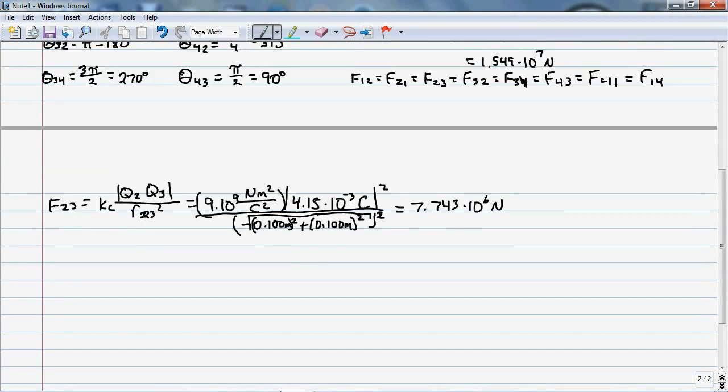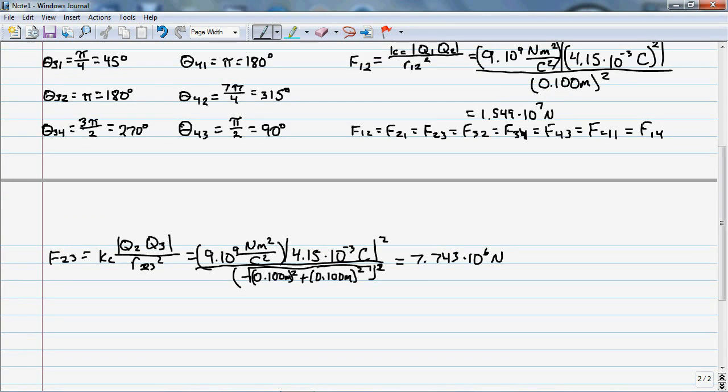Now I'm just going to show the force on charge 1. In the notes you have for all of the charges that you can look over, but once you see how it works for charge 1, it's the same process for all the other charges. You just have to keep track of your subscripts.